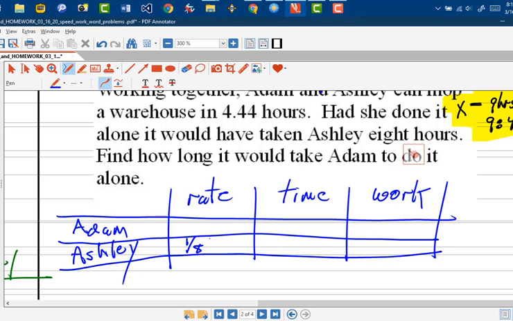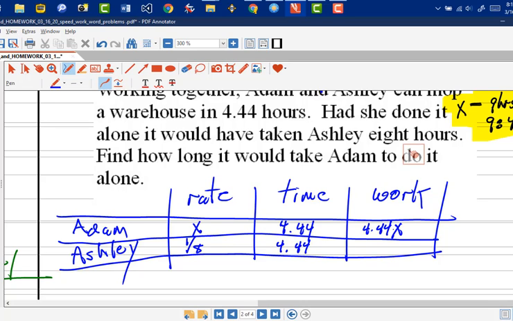All right, and if they work together, their time is going to be 4.4 hours. Each of them will work for 4.4 hours. And Adam is what you're solving for, what his rate is. And once you know his rate, then you can figure out how long it would take him to do it by himself.